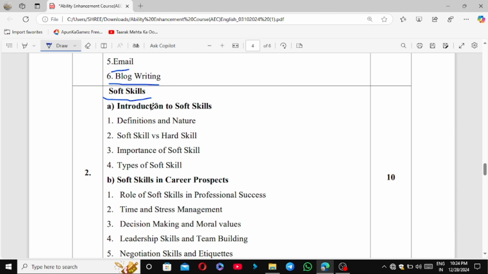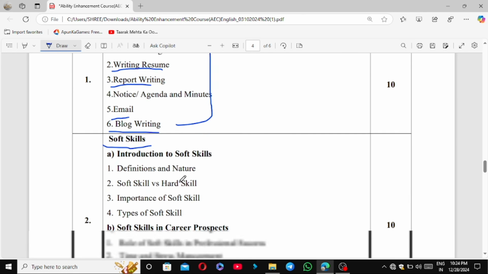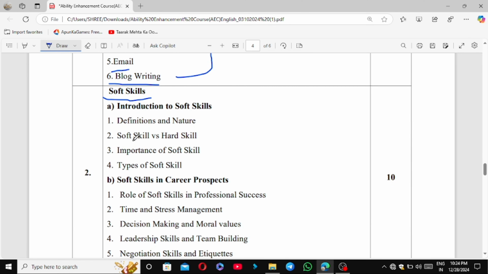Okay, then soft skills. Second topic is soft skills. These six topics we have discussed are forms of writing. Then the second topic is soft skills. So what are soft skills? Soft skills are personal qualities that help you work well with others and handle different situations effectively.